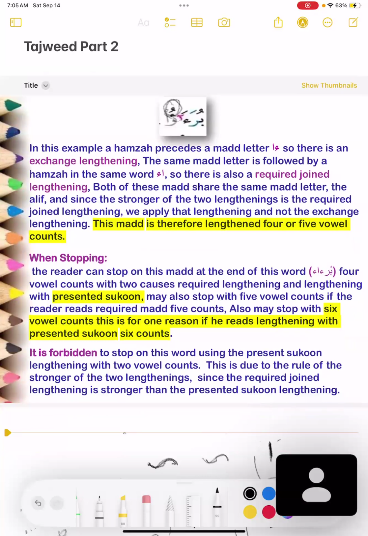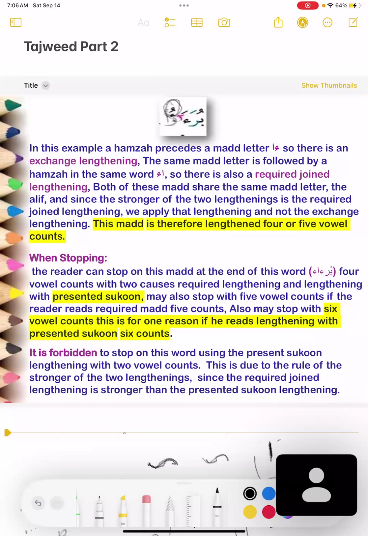So let's look at what they are saying here. The reader can stop on this mad at the end of the word bura'a with 4 vowel counts, with 2 causes requiring lengthening and lengthening with presented sukun. They may also stop with 5 vowel counts if the reader reads the required mad with 5 counts. So remember, for mad muttasil, you can lengthen the mad to 4 or 5 counts, right?